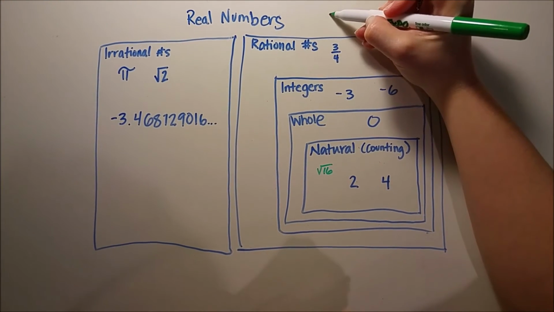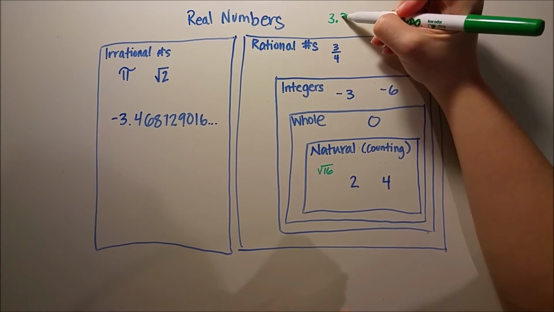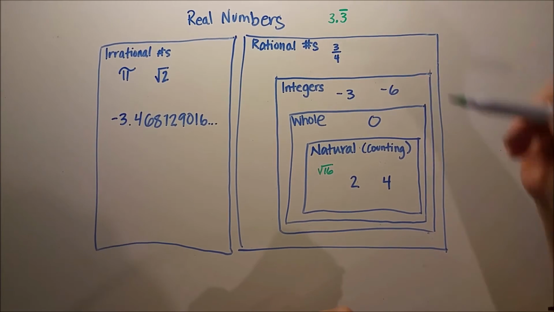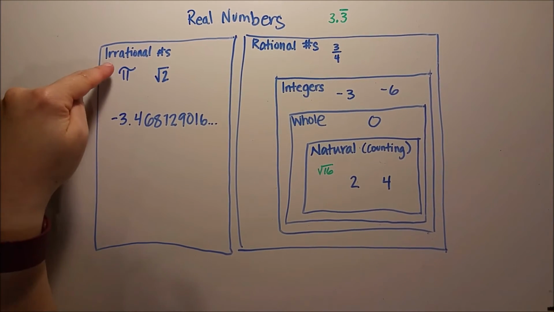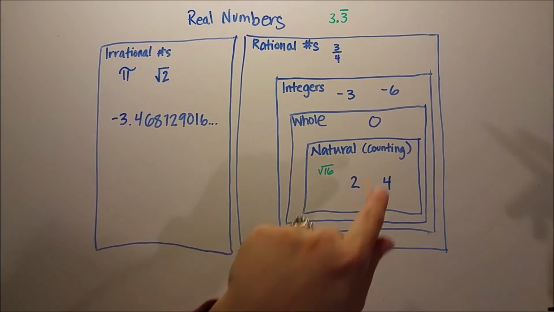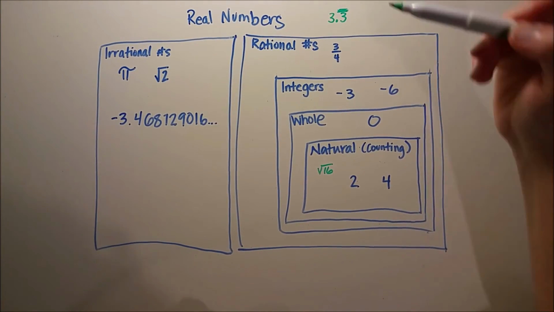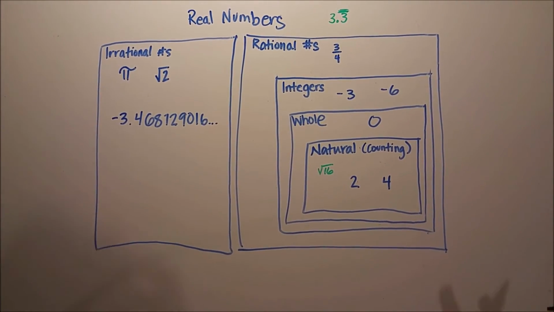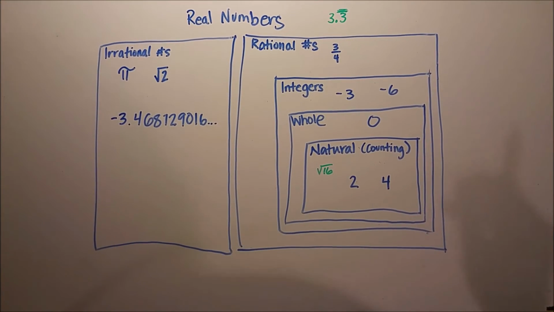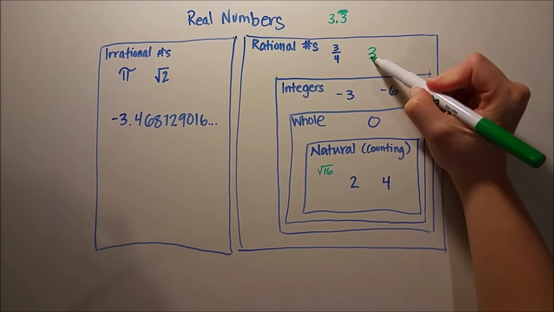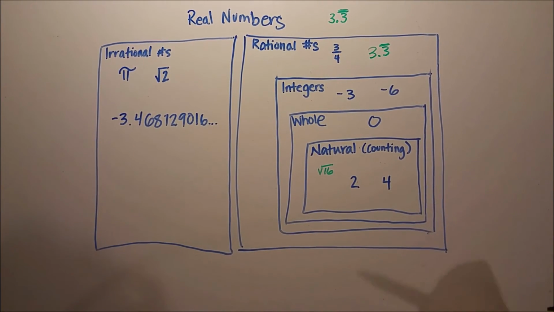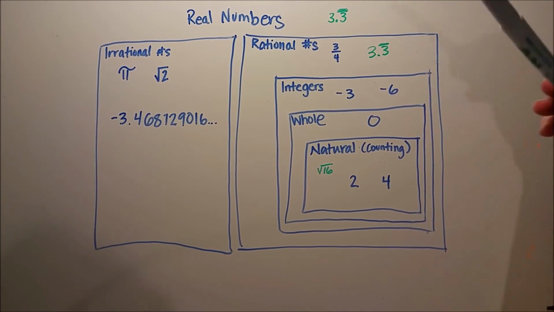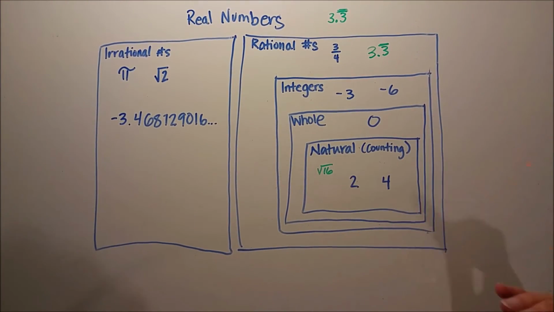What if you had 3.3 repeating? That 3 goes on forever, but that doesn't make it an irrational because it's repeating. It's got that bar over top of it. Okay, so where would this go? It would go in here. Okay, it has this decimal bit on there, so it won't fit in these boxes.